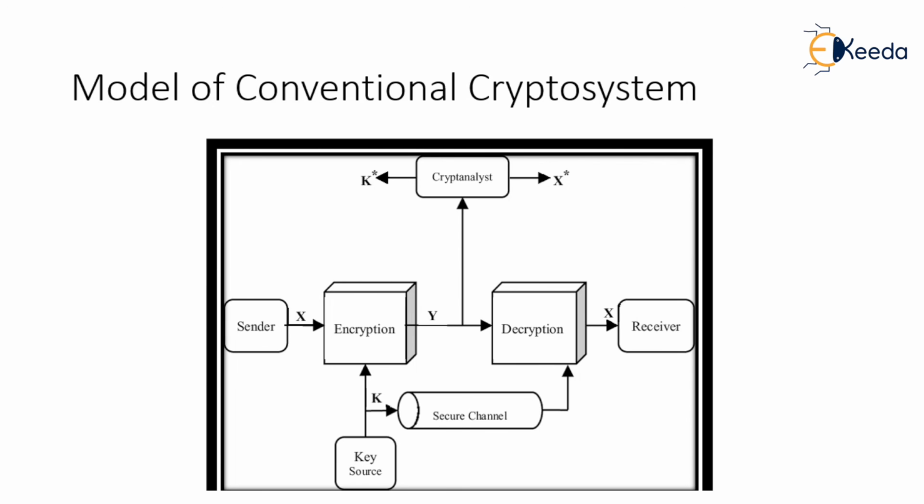Then the receiver will be using the same key for decrypting the message received from the sender. So the ciphertext will get converted into the plain text at the receiver's end.